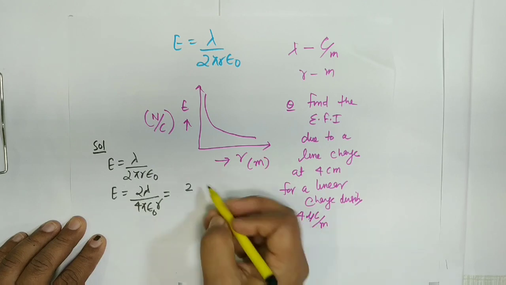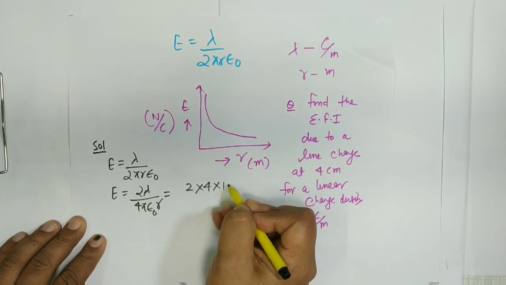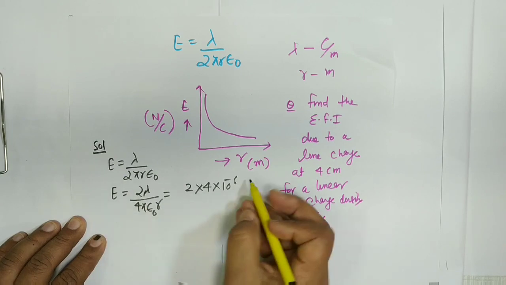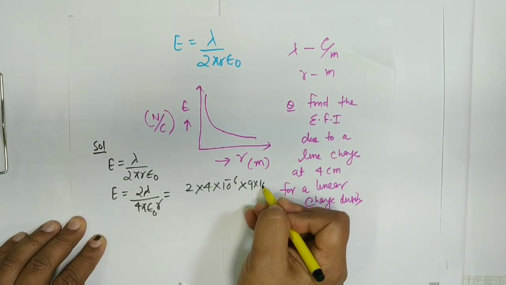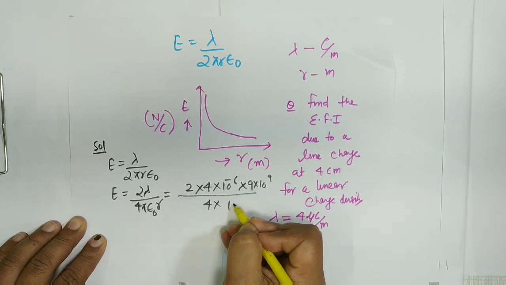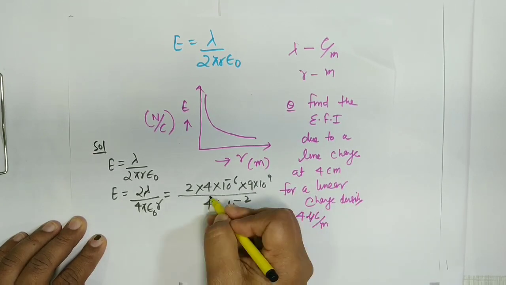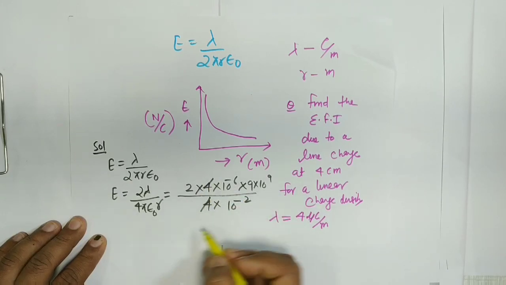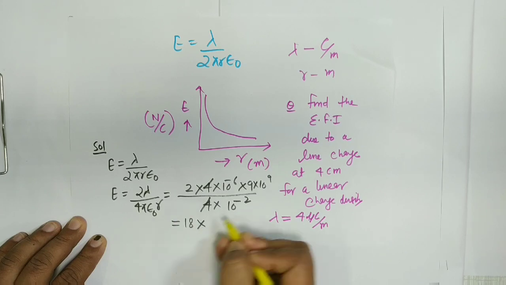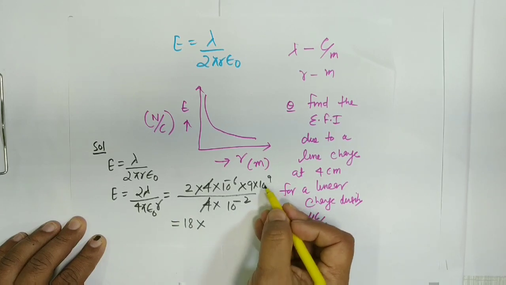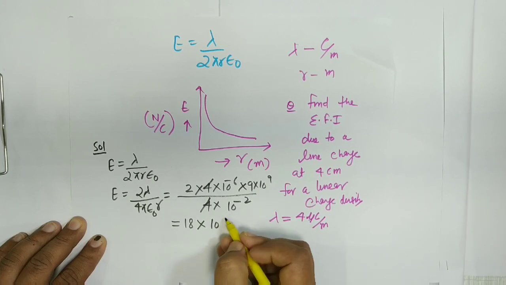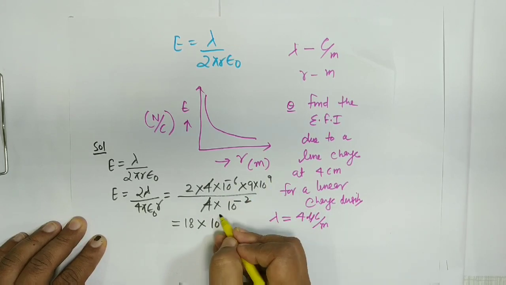Lambda is given as 4 microcoulomb, 10 to the power minus 6. And what is 1 upon 4 pi epsilon naught? We know that it is 9 into 10 to the power 9. And what is R? It is 4 centimeter. Got it or not? So it will cancel out and it will be 18 into 10 to the power 5.